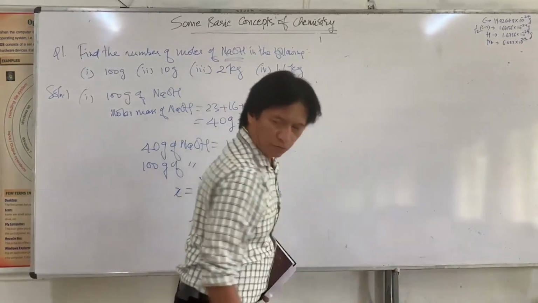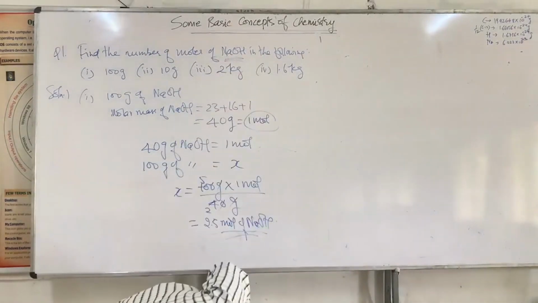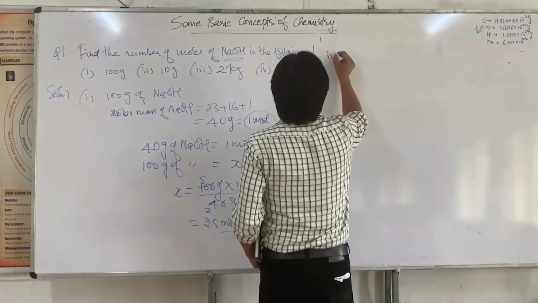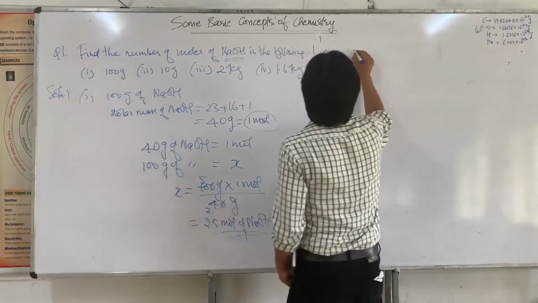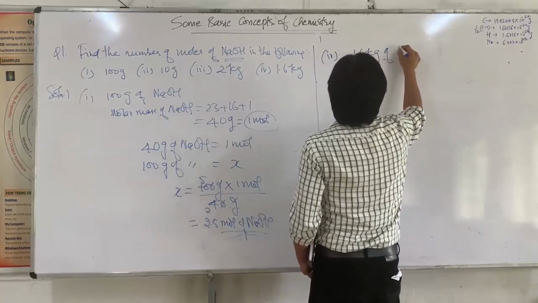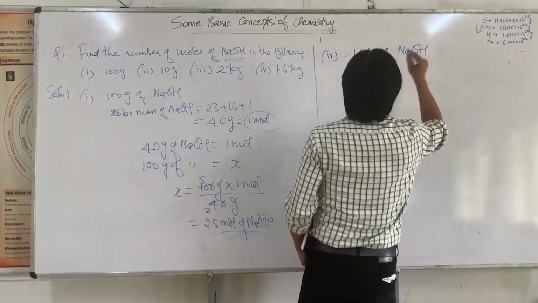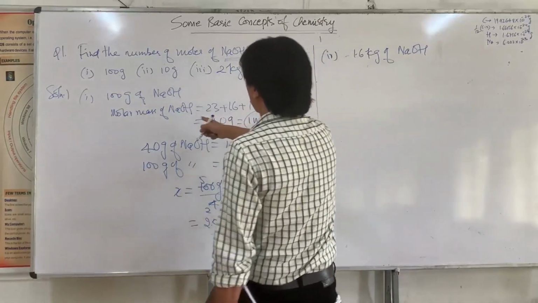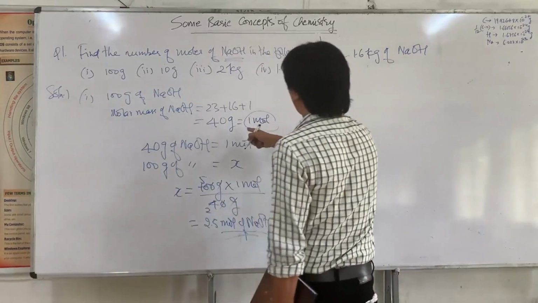The fourth one is given in terms of kilograms. You're given 1.6 kg of sodium hydroxide. So how many moles are in this? Again, you know the molar mass of sodium hydroxide is 40 grams.